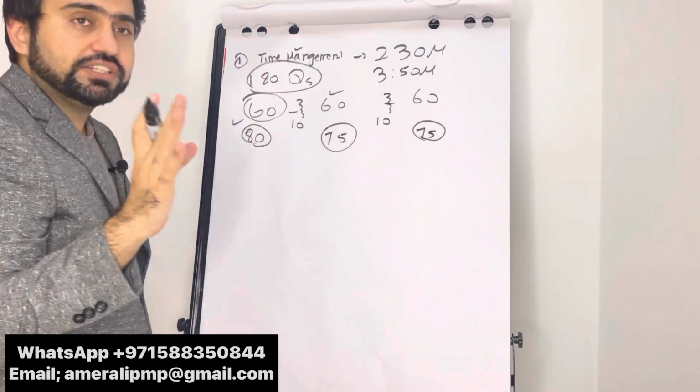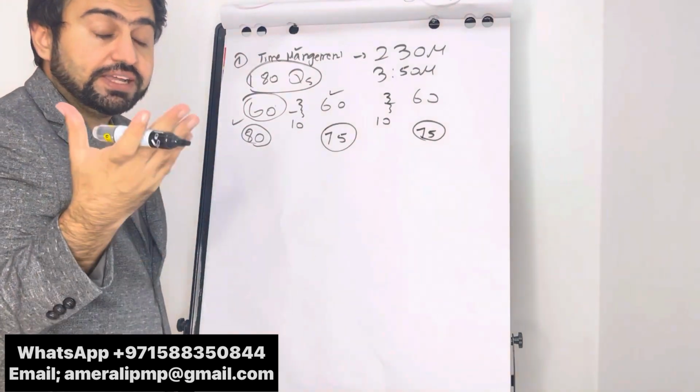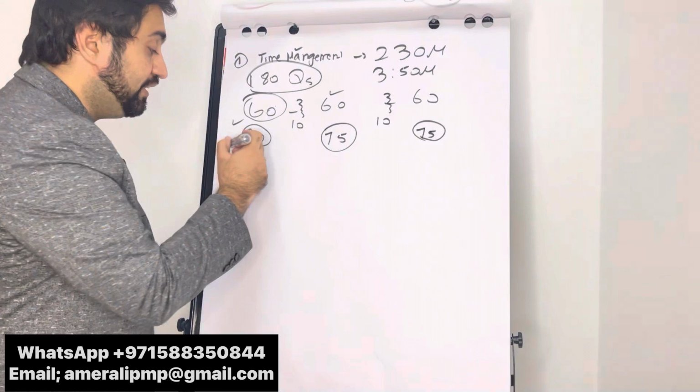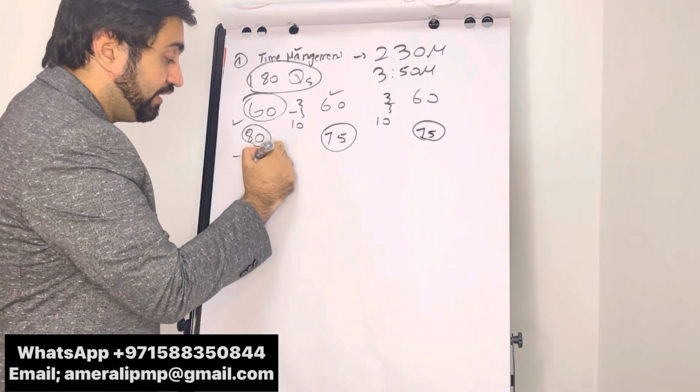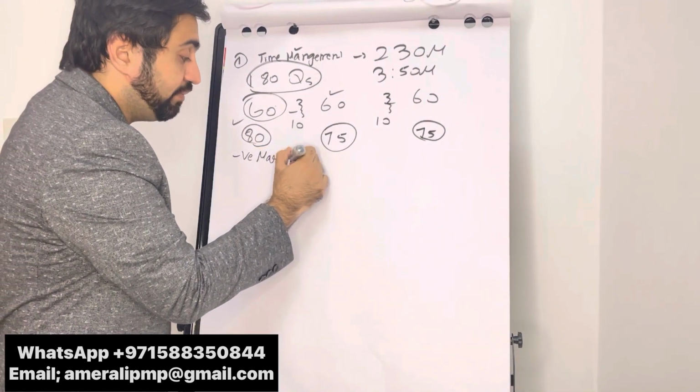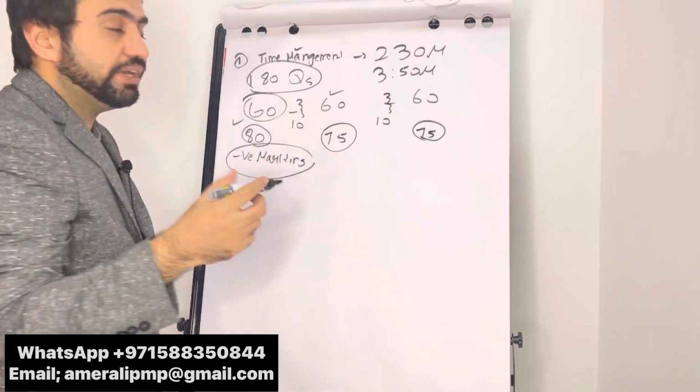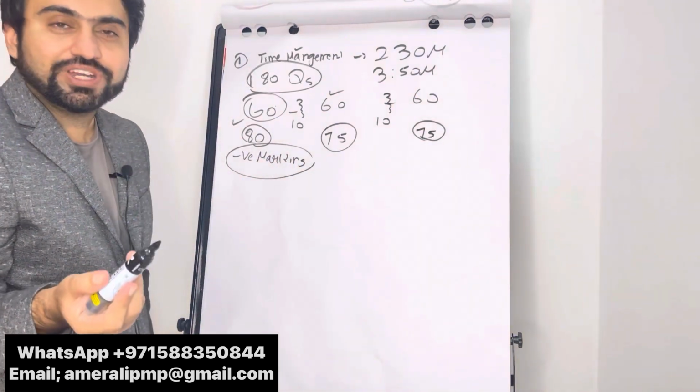A very important thing to understand regarding time management in the PMP exam is that there is no negative marking in the exam. What does that mean? This means that if you get any question wrong, you don't have to worry about that.